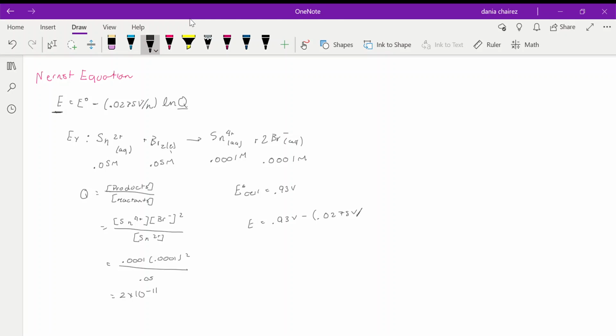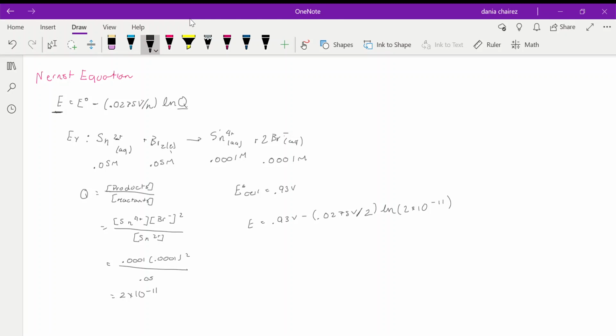The tin 2 plus loses 2 electrons, and the bromine gains the 2 electrons. So divided by 2, ln of 2 times 10 to the negative 11.